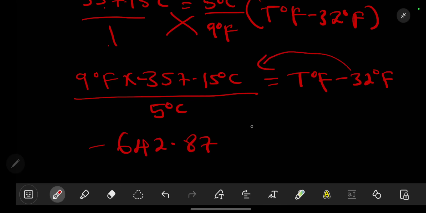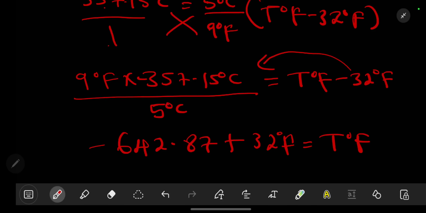When this comes to this side, it will be plus our 32 degrees Fahrenheit should be equal to the temperature in degrees Fahrenheit, which will give us negative 642.87 plus our 32.